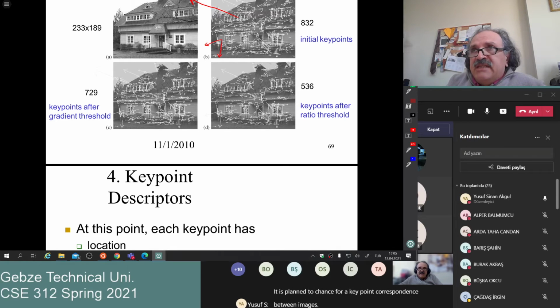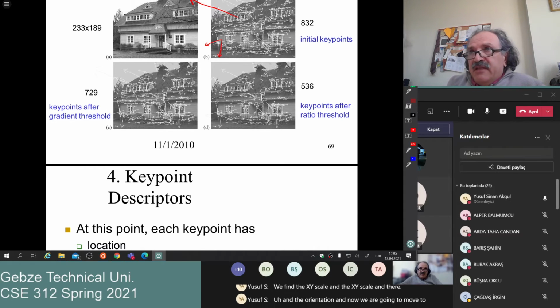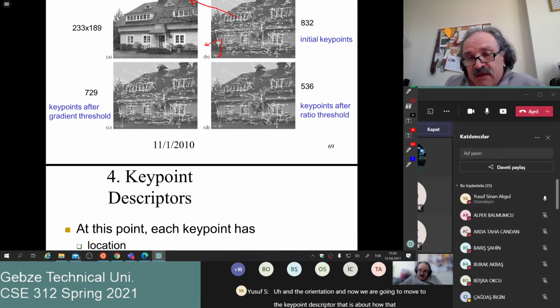Okay, so that's the end of the first part of the SIFT. So we detected the key points, we found the x, y, scale and the orientation, and now we are going to move to the key point descriptor, that is a 128 dimensional vector.